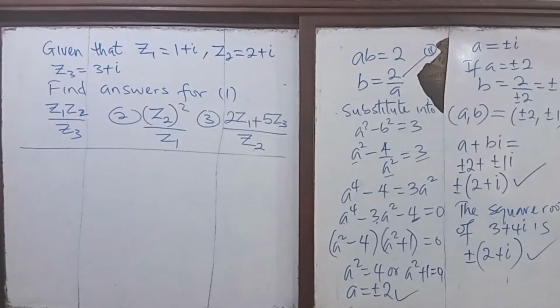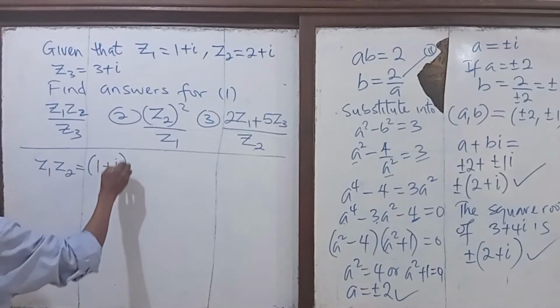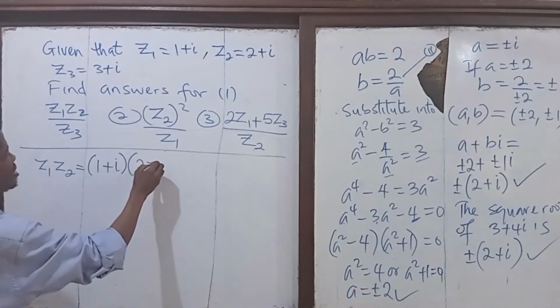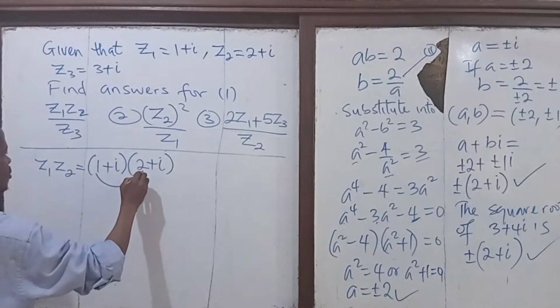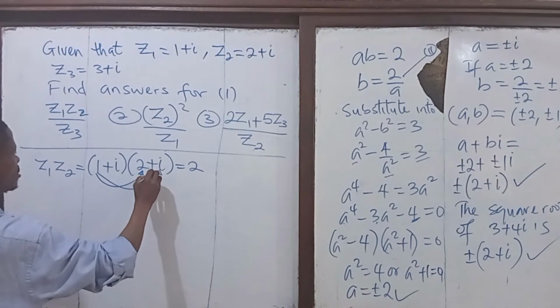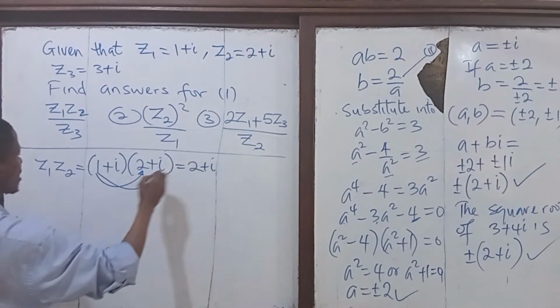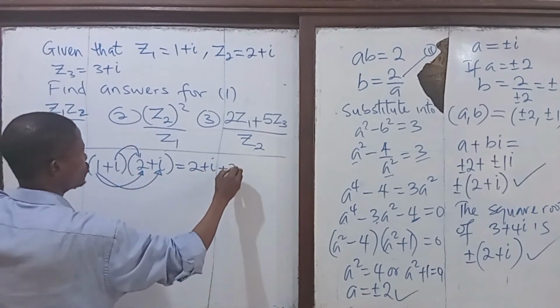The first one, let's get the product of Z1 and Z2. Our Z1 is 1 plus i. Our Z2 is 2 plus i. Do the expansion. That will be 1 times 2, that's 2. This one times this one, that's a plus i. And then i times 2, that's a plus 2i.